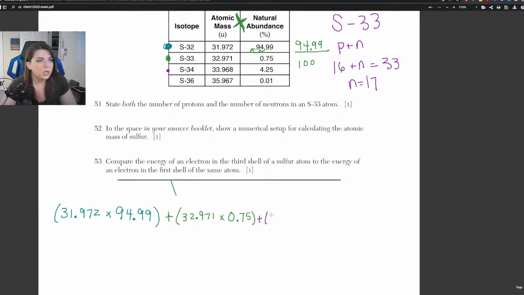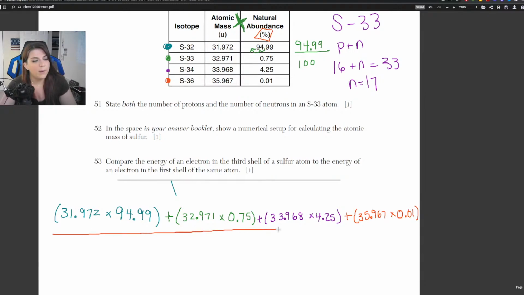Plus 33.968 times 4.25. Last one's orange. Plus 35.967 times 0.01. And then, because it reports it as a percent and you have to unpercent it, you divide the entire thing by 100.